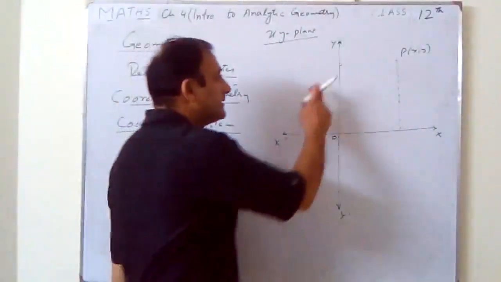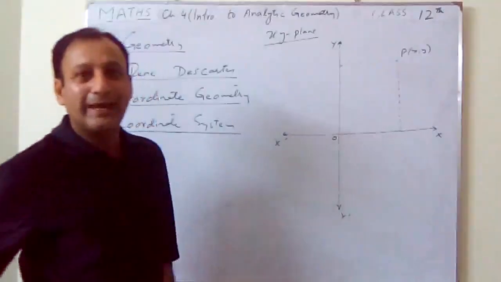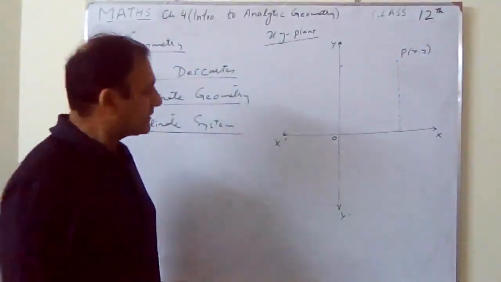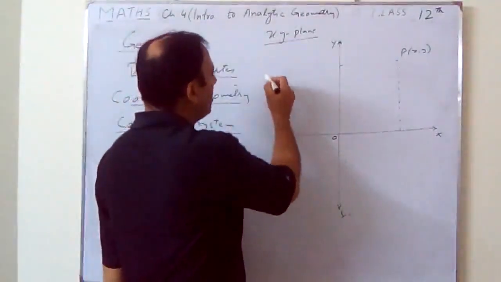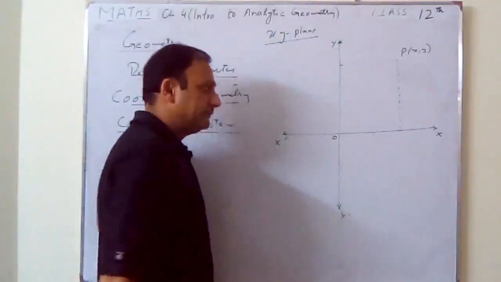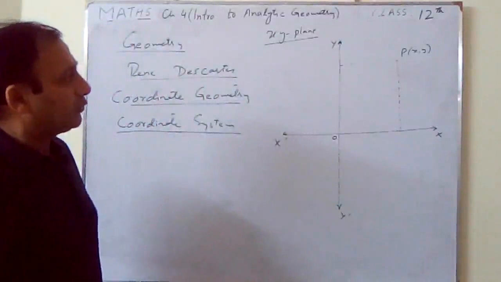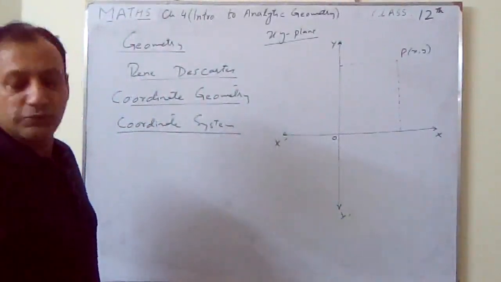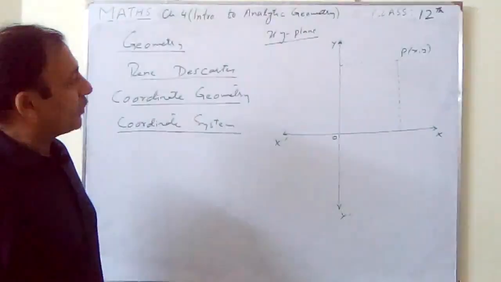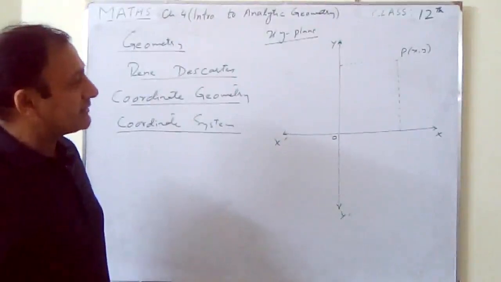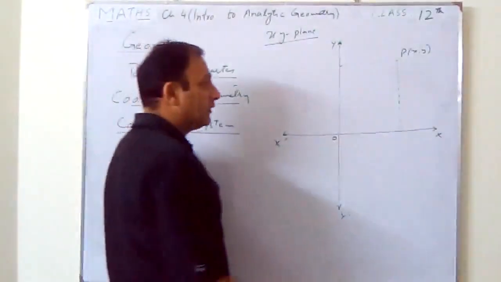Here we get a rectangular shape, so it is also known as the two-dimensional rectangular system. Two-dimensional means there are two values, x and y.